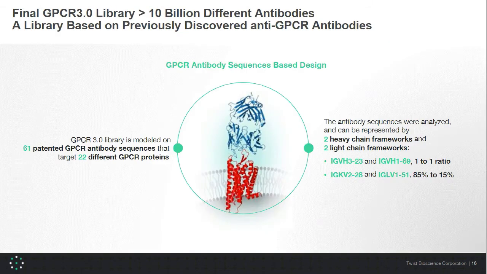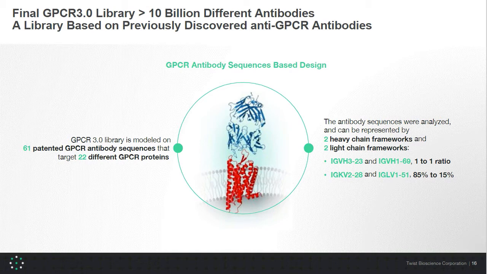The second library I'll talk about is our GPCR 3.0 library. One feedback we got about our GPCR 2.0 library is that some folks thought adding in motifs might be a little bit too risky for them, so we wanted to create a library that just used antibody-based diversity rather than motifs that bind GPCRs.